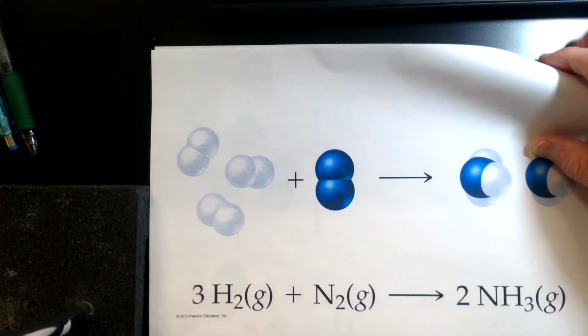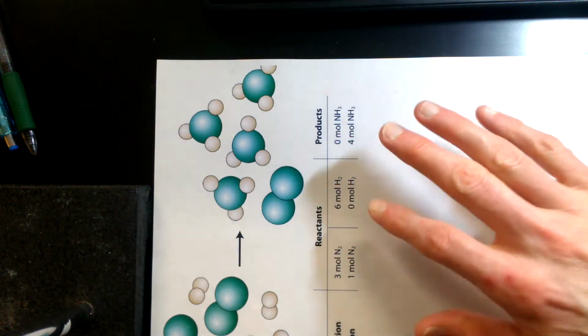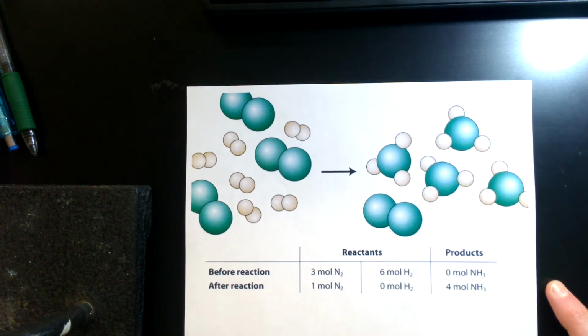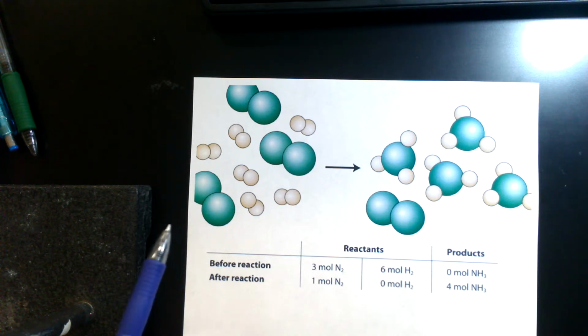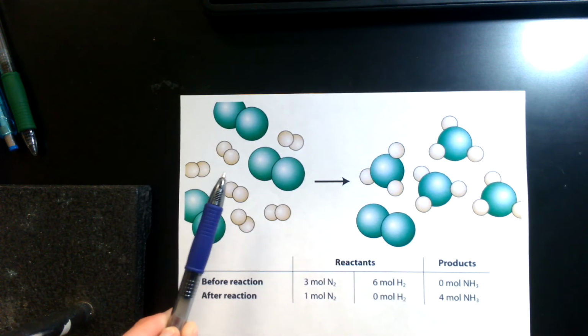Now let's take a look at this same reaction but with different quantities. Here is a picture of the nitrogen gas and the hydrogen gas reacting here. Before the reaction, we have our reactants mixed together.